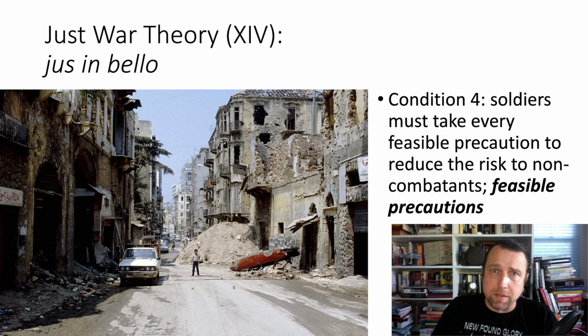The fourth principle of jus in bello is that reasonable measures should always be taken to protect non-combatants. It is inevitable during war that non-combatants will be put in harm's way. They'll be caught up in the fighting and the churn, whether by accident or by design. Soldiers, according to just war theory, are required to do everything reasonable to avoid killing non-combatants.